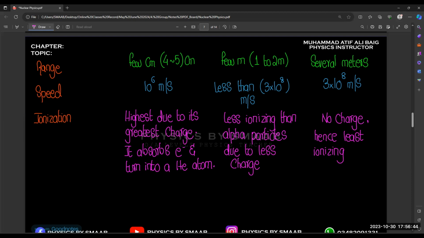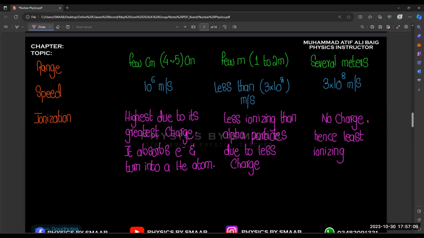And let's suppose you are performing this experiment, and there is a magnetic and electric field, right? And you are performing the experiment of radioactivity, and there is a strong magnetic and electric field.